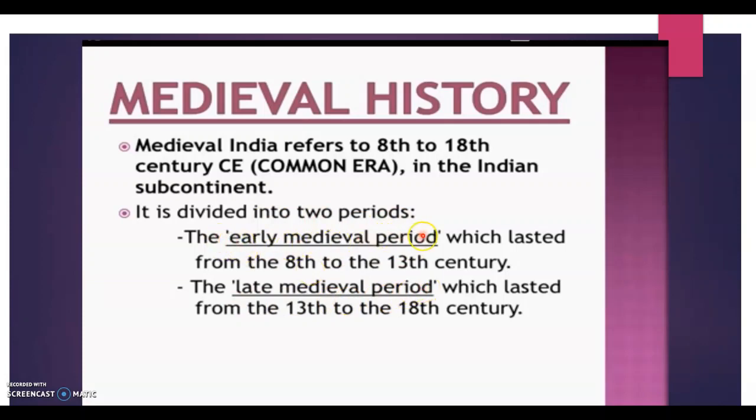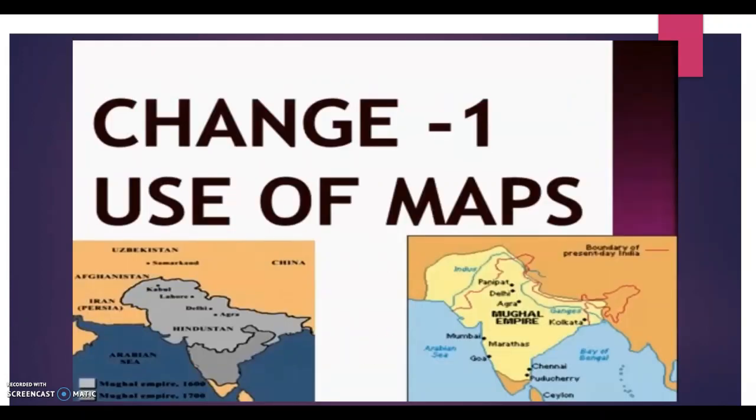The early medieval period lasted from the 8th to the 13th century, and the late medieval period lasted from the 13th to the 18th century. As the name indicates, tracing changes through 1,000 years, there are so many changes in this medieval period. The first change is in the use of maps.